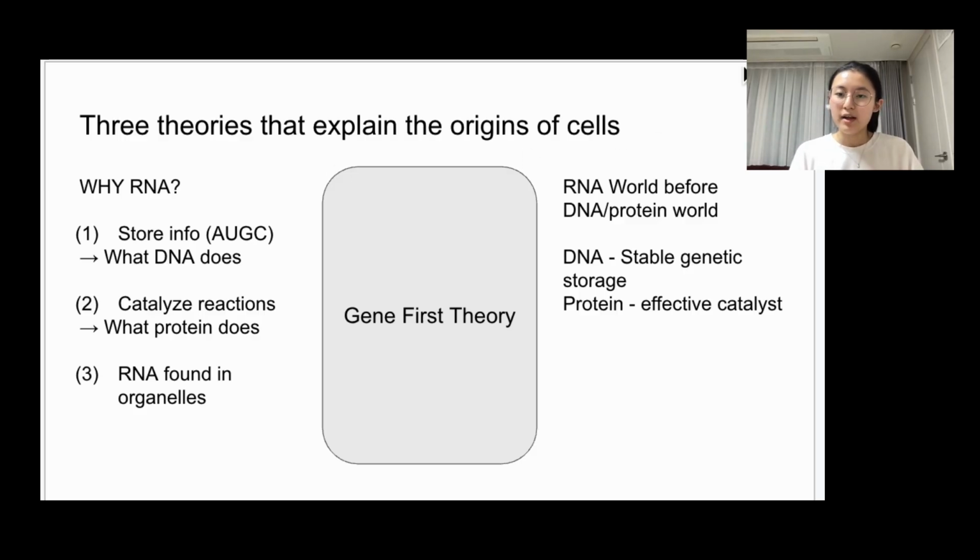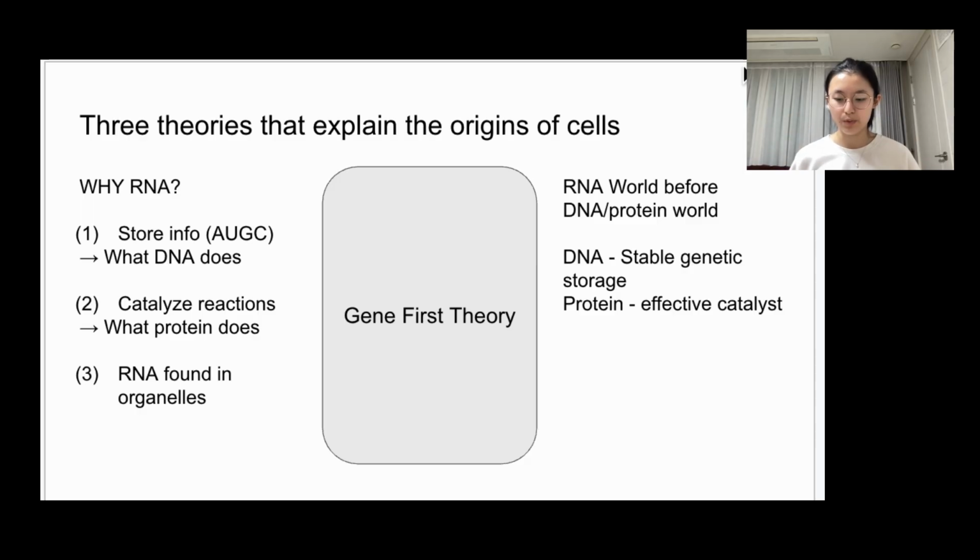Speaking of which, the RNA world hypothesis states that because RNA was capable of doing both functions of DNA, storing genetic information, and the catalytic properties of a protein and an enzyme, it would have been the intermediary or predecessor stage which came before the DNA and protein world.